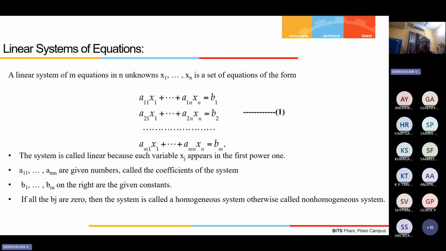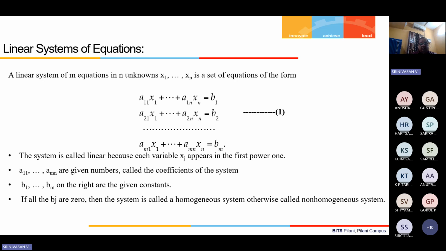Then you have x1, x2, etc., xn. That is going to be a vector, in fact, a column matrix denoted by capital X. And the right hand side constants will be denoted by a constant matrix, capital B or small b bold, because it's a vector again, a column matrix. You can put either capital B itself or small b bold, nothing wrong.